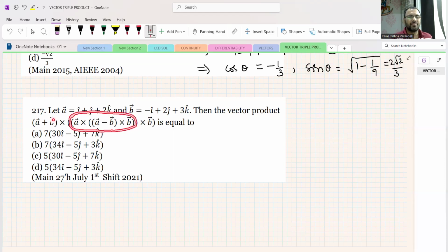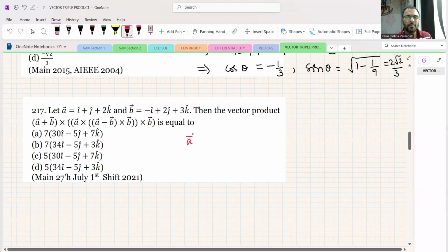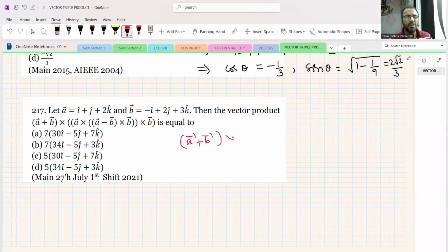I'll write it for bigger clarity: A bar plus B bar cross.